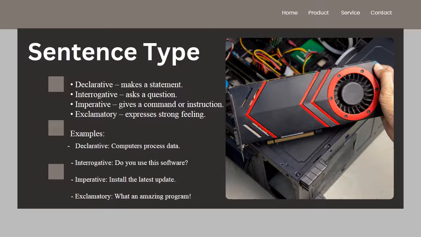Install the latest update. And exclamatory sentences express emotions or surprise. What an amazing program! It should end with an exclamation mark. In ICT contexts, imperative and declarative forms are especially common in technical manuals and instructions.